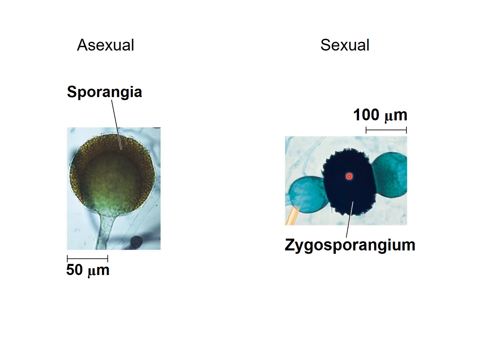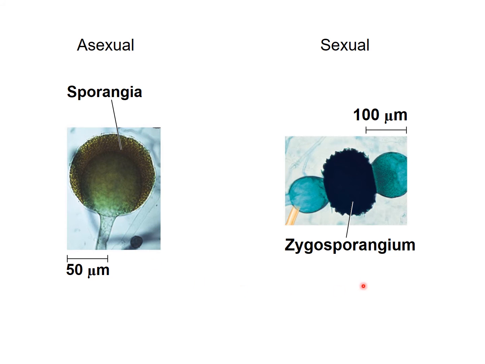Some members of this group can reproduce sexually, and in this case they would produce zygosporangia. This dark structure in the center is really the thickened area which contains the spores, and it's the result of maturation after connection between the hyphae. Once this is released, the spores will be released, and they can undergo asexual or sexual reproduction if they germinate and then mate with a different mating type.